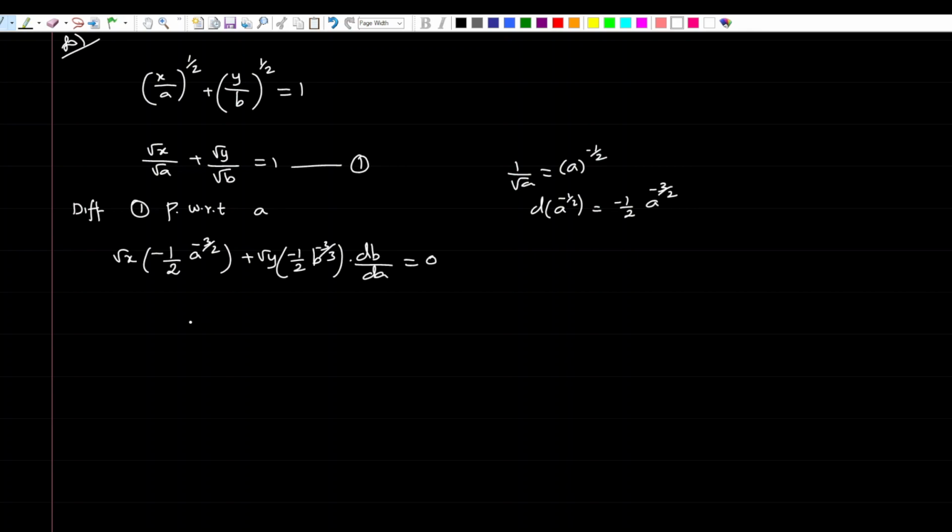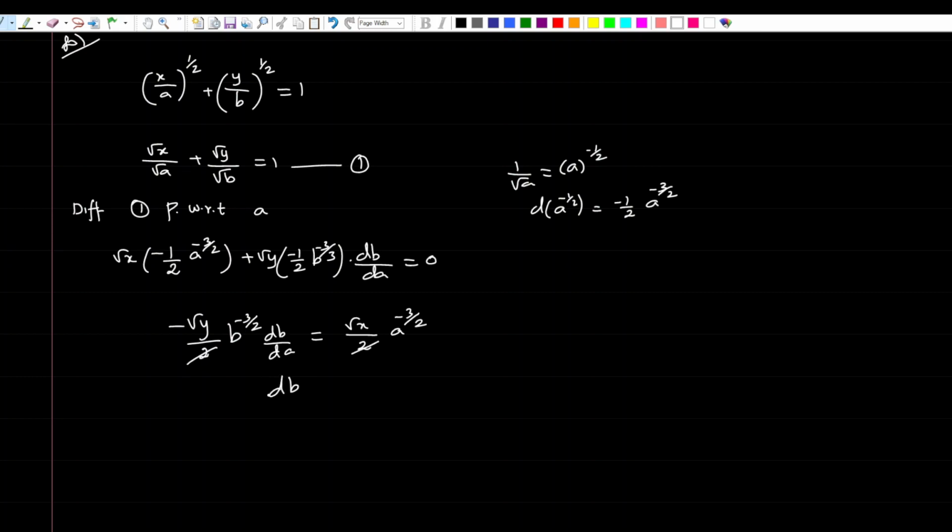So from this I am getting root y minus root y by 2 b power minus 3 by 2 db by da equal to root x by 2 a power minus 3 by 2. So these 2 and 2 will get cancelled.